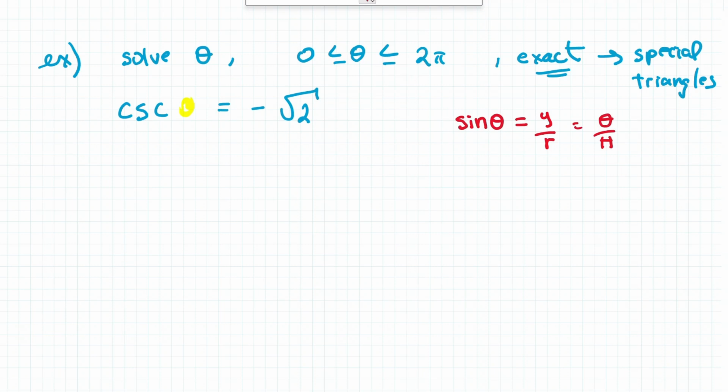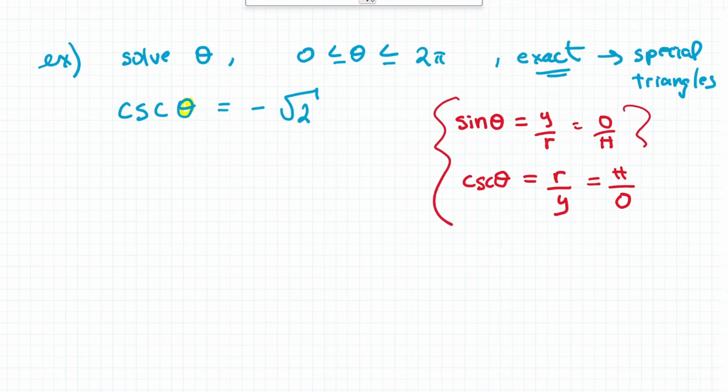So if sine equals y over r, and we said that sine is the reciprocal of cosecant, that means we can just flip the ratio for cosecant. So cosecant theta simply is going to equal our radius over y, or our hypotenuse over our opposite. So always write down your ratio before you start, because that will be the key to your success.